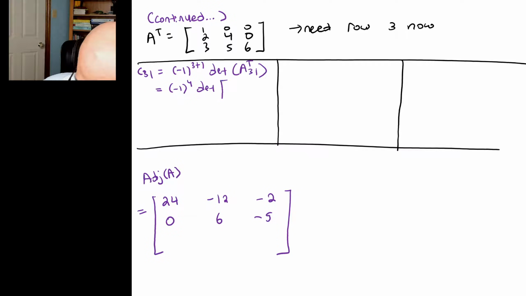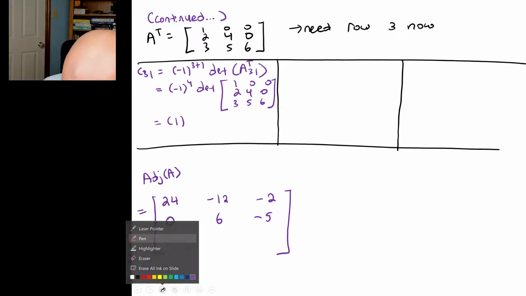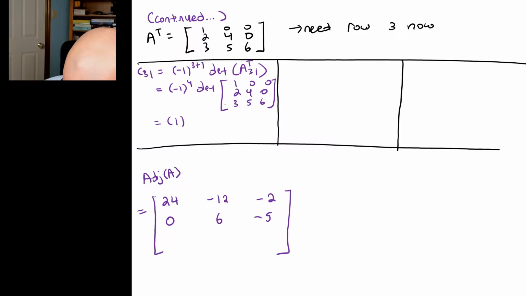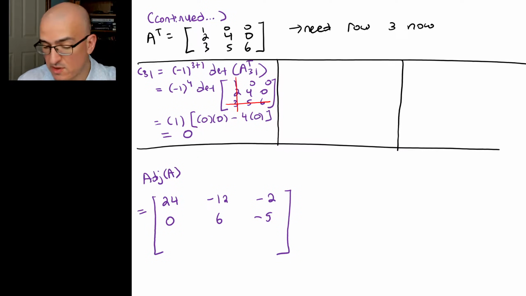I would make a copy of that matrix: 1, 0, 0, 2, 4, 0, 3, 5, 6. So positive 1 times, okay, so we're going to eliminate row 3, column 1. Take the determinant of what's left. So we'll have down product, 0 times 0, minus the up product, 4 times 0, which is 0.